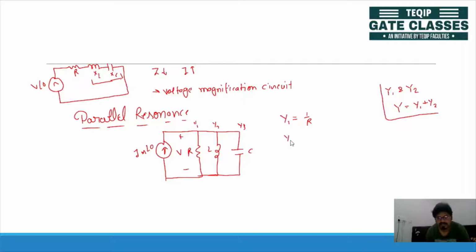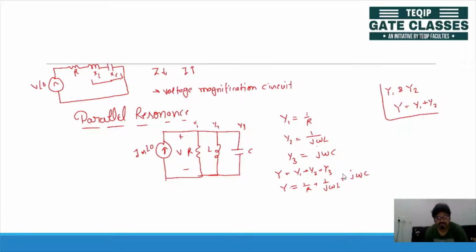Y2: the impedance of L in the frequency domain is j omega L, so the admittance will be 1 upon j omega L. The admittance of the third branch, Y3: the impedance of C is 1 upon j omega C, which means the admittance will be j omega C. Now the equivalent admittance Y will be Y1 plus Y2 plus Y3, that is 1 by R plus 1 upon j omega L plus j omega C.